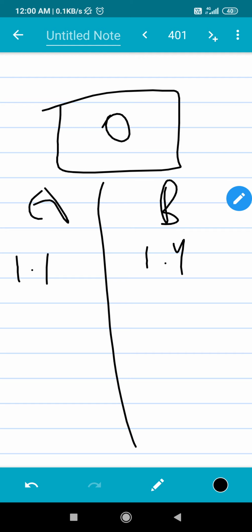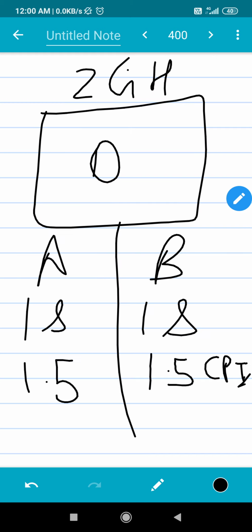But think about it, the processor is still going to be using the same ISA. So the number of instructions are still going to be the same for A and for B, and they are identical for this. As you can see, every value is identical, so they are identical threads.